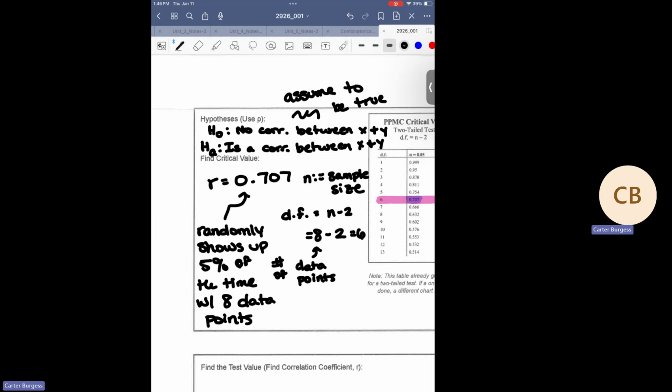The alternative is actually, no, it's not luck. It's because these variables are connected in some way. There is a correlation that is going on here.